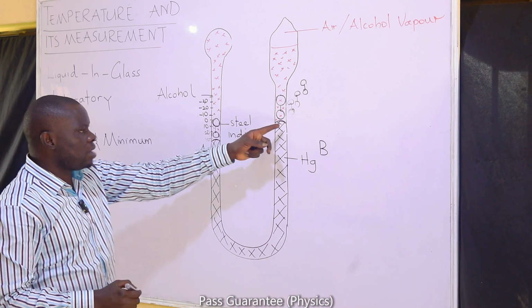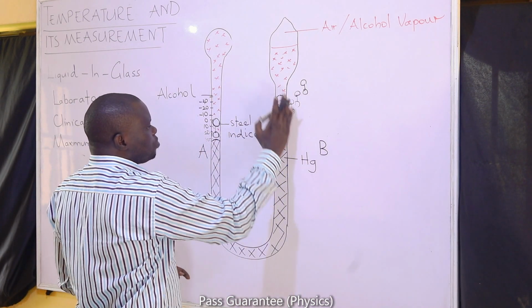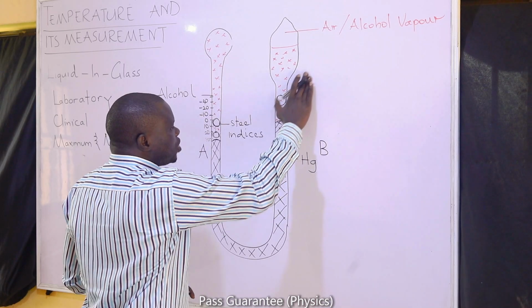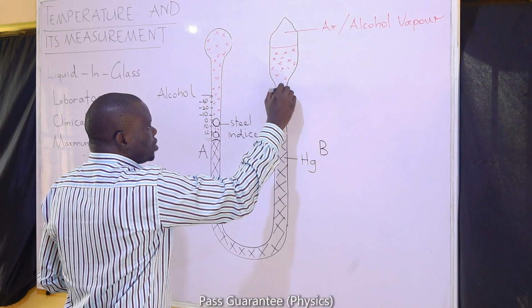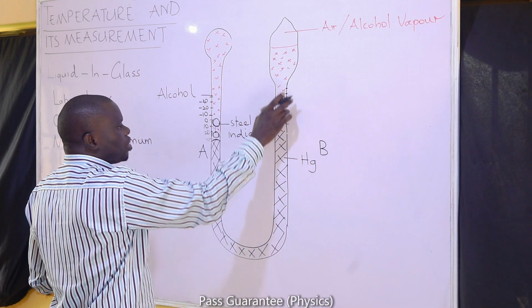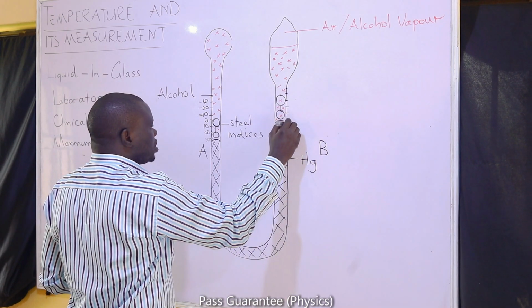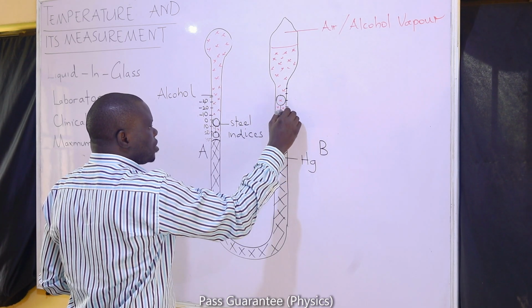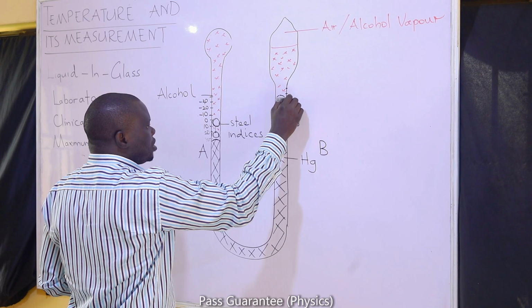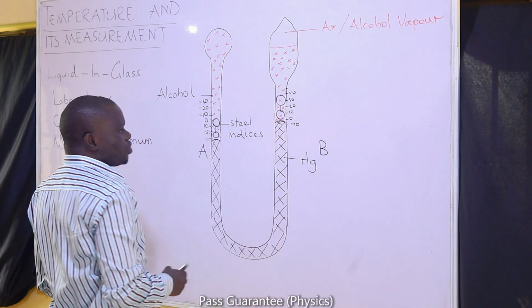But along this arm, because this is the arm to which you have to push the steel index when the temperature is increasing, you have an increasing temperature due to the upward movement of the mercury on this arm. So the temperature here can be minus 10, 0, 10, 20, 30, 40, and so on and so forth.